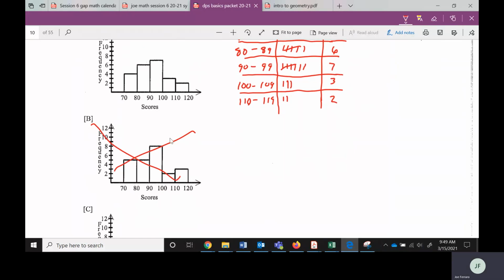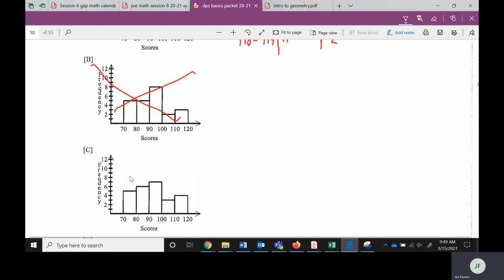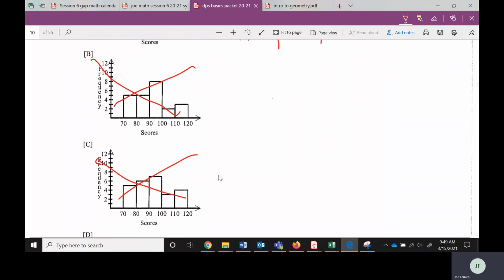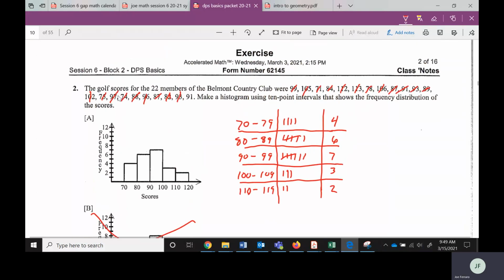So that's out. Same thing here. This has 5, so that's out. Look down here. This has 3, so that doesn't have 4, so that's out. So if you're really confident, we could say A is our answer.